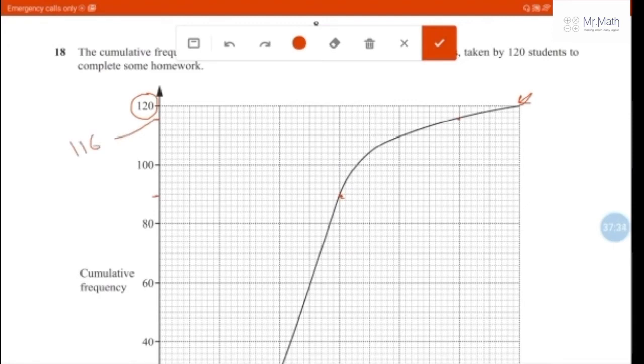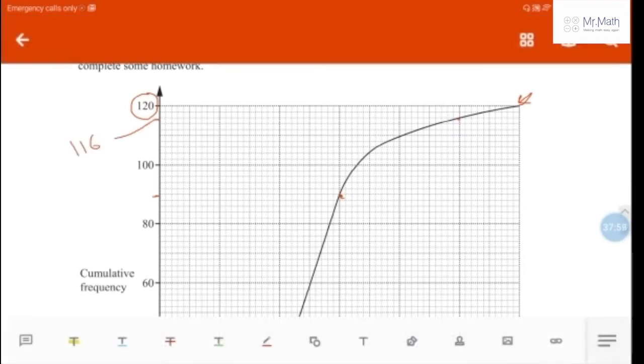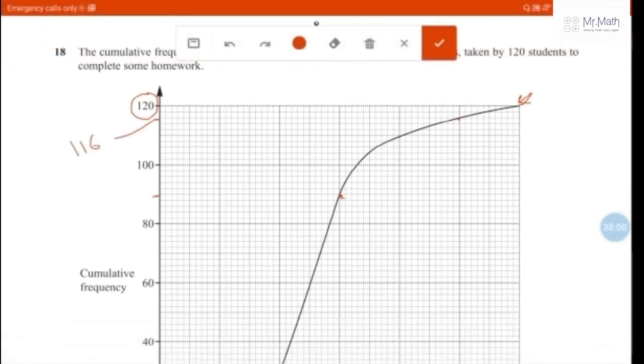So 116 is the number of students that took 50 minutes or less, because the readings on the y-axis are cumulative frequencies or frequency readings. So when the time is 50 minutes or less, the number of students is 116.